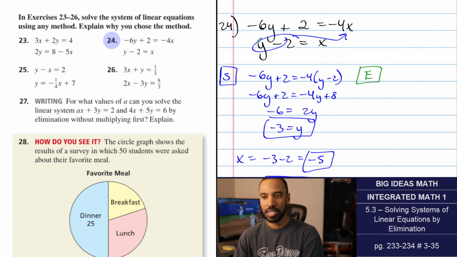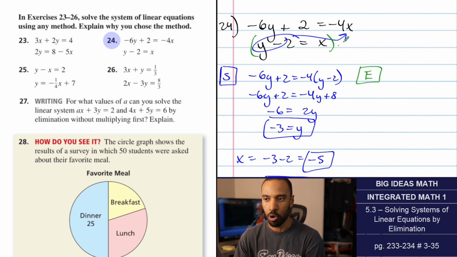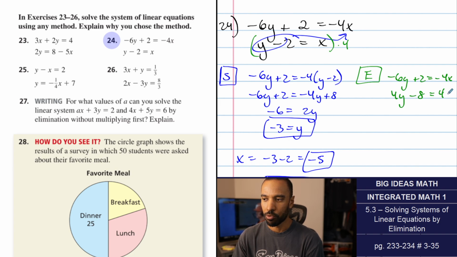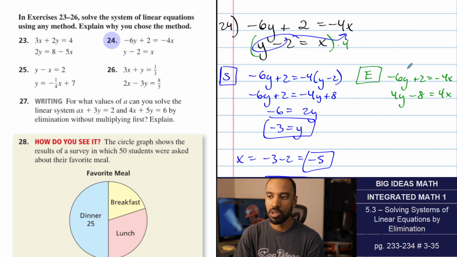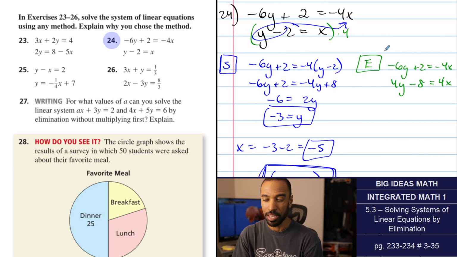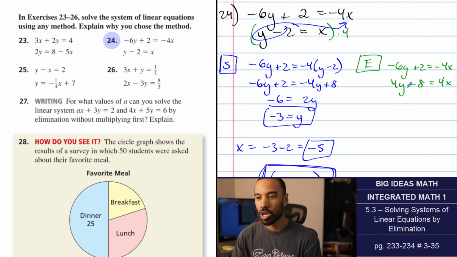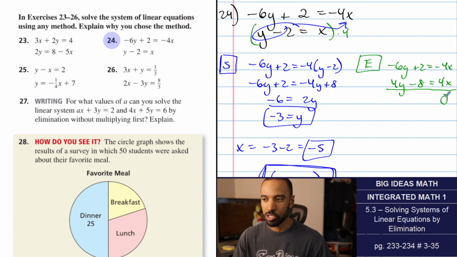So for elimination, yeah, I could have multiplied, say, the whole bottom equation by 4. And now I would have this original top equation. And the bottom equation would now say 4y minus 8 equals 4x. Did I get it in standard form? No, but are things lined up, including the equal sign? Yes. So will that still help? Sort of. The variables eliminate here and you get 0.